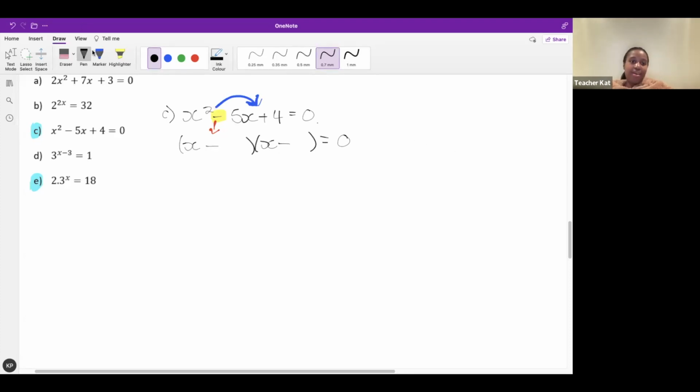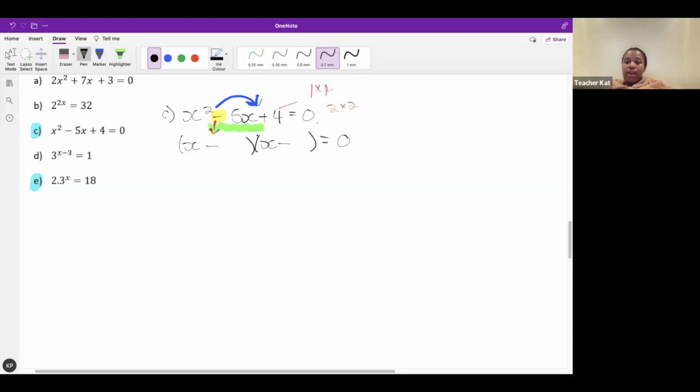You are on fire. Now, 4 has a couple of factors. 1 and 4, as well as 2 and 2. Which of these factors are going to give me a negative 5? Because my middle term is negative 5.